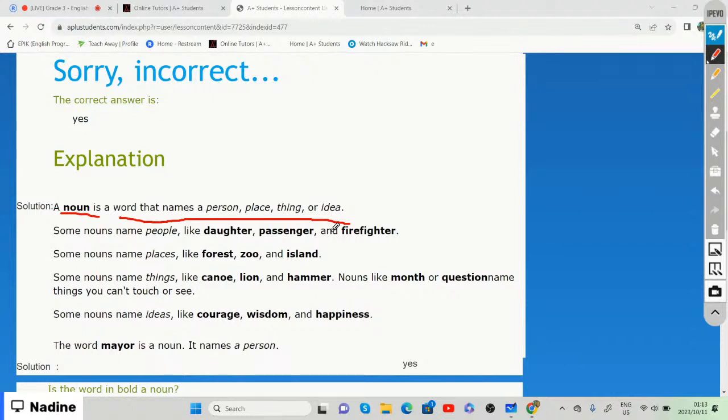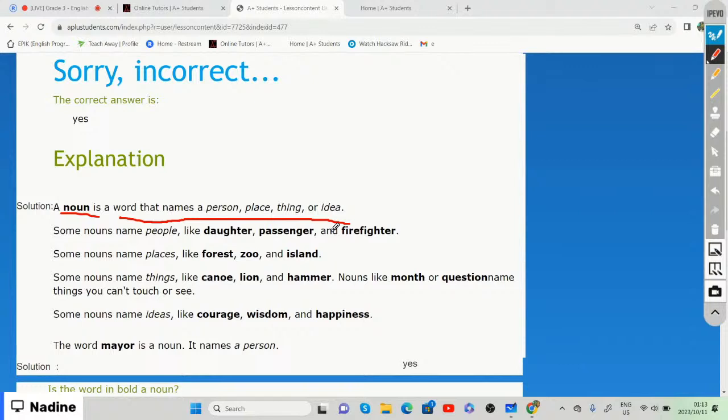Some of the nouns that name people can be daughter, my son, the passenger on the bus, firefighter, nurse, teacher. Those are all nouns that name people.